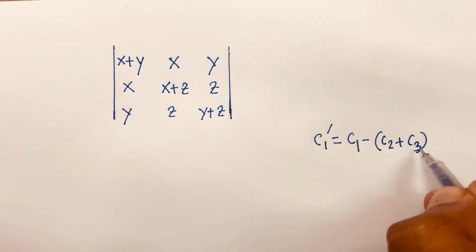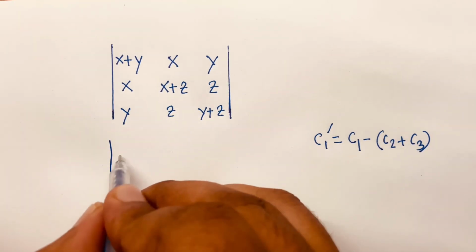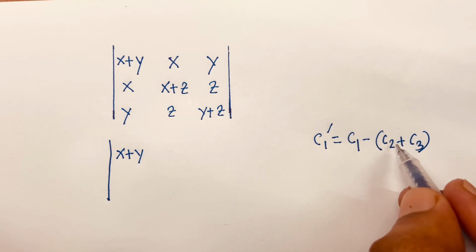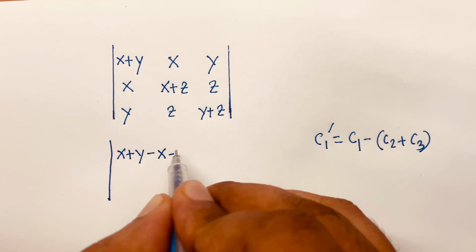3. If I follow this case, this time I can say here is column 1 minus, but column 2 and column 3 is plus, so this time I can say here is minus x minus y.